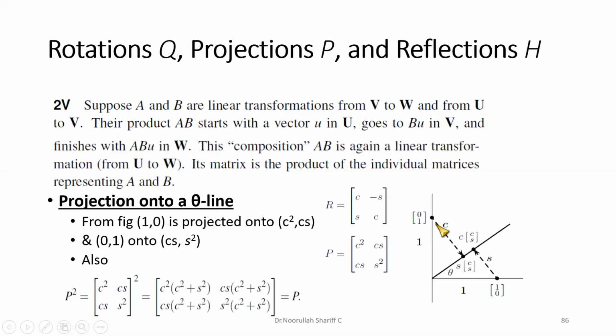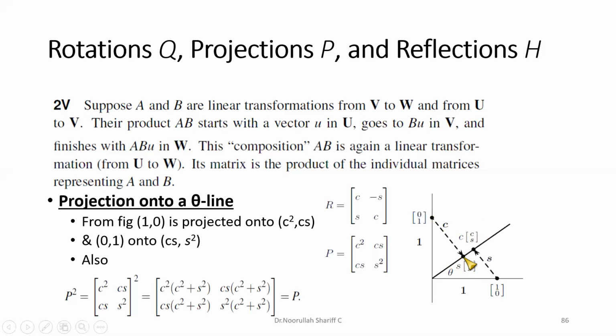Now, if you see over here, the length of this in the y direction is 1, and the length in the x direction is 0. If this is projected onto the theta line, this line is opposite to theta, so it corresponds to sine.